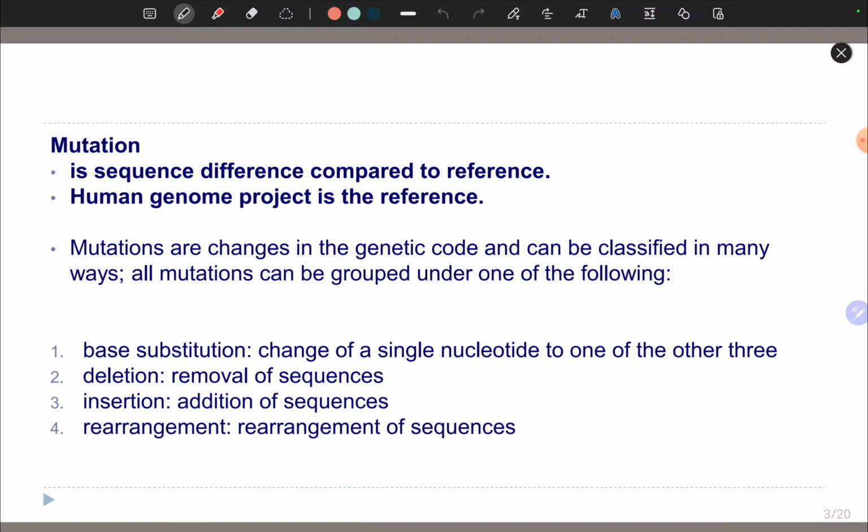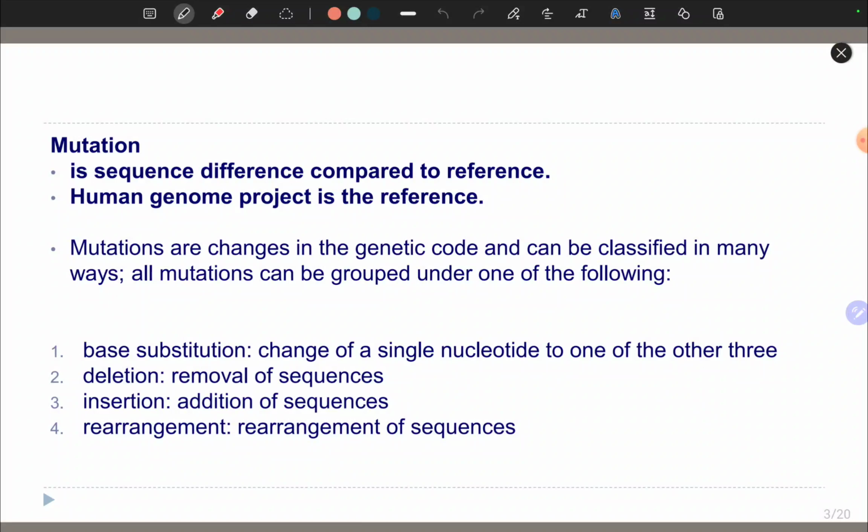Mutation might or might not change the genetic codon as we know it. And it may ultimately result in a change of the intermediate molecule mRNA and the protein, in the case of protein coding genes. These are some types of mutations that were put in the notebook: substitution, deletion, insertion, and rearrangement of our chromosomes.